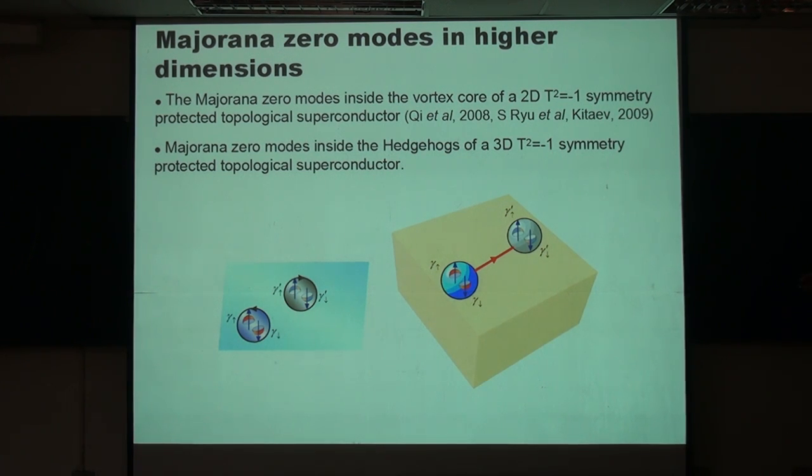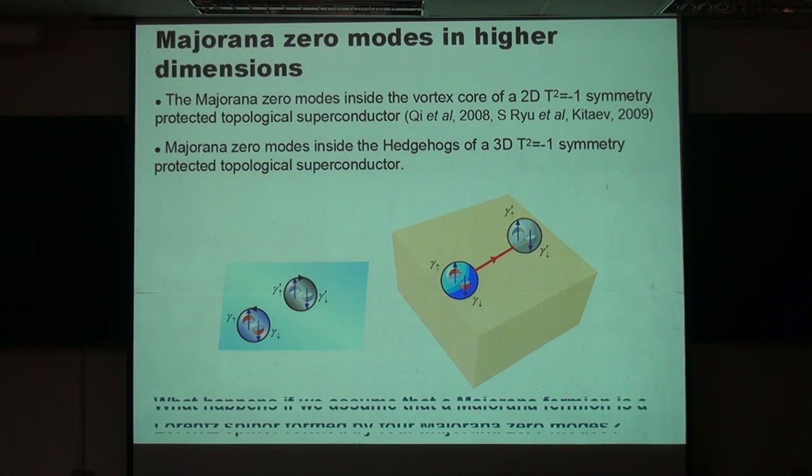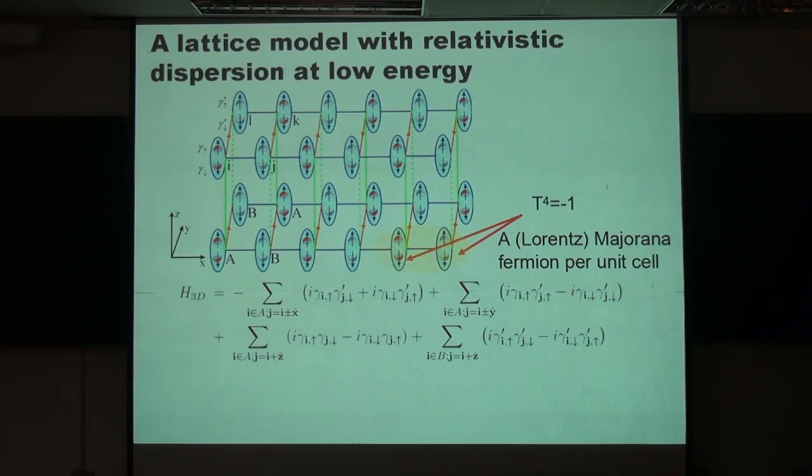And the 4 of them, if you introduce proper dynamics, can have a relativistic dispersion and look like they are described by a Majorana field. So let me just give you one simple example. Of course, this example is not enough to explain the whole standard model.